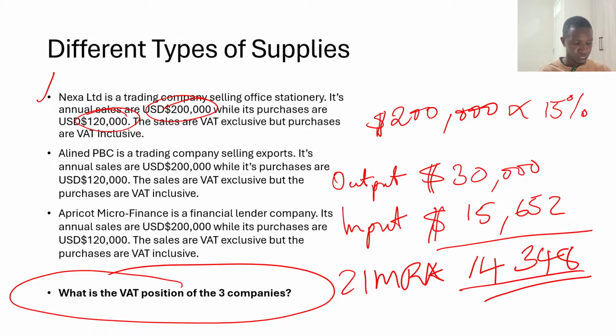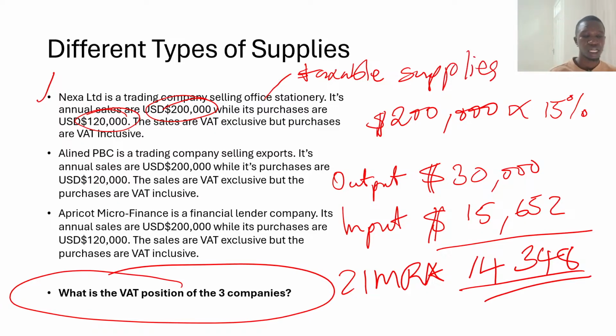So this is the standard way where a company is selling office stationery, which are taxable supplies that are charged the standard rate of tax.